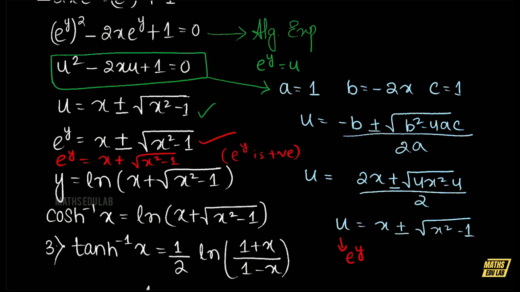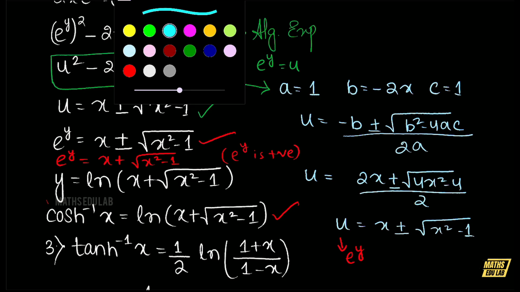Then to cut the exponential value, we multiply ln on both sides and cancel it out. Then we get y is equal to ln of x plus root over x square minus 1. The value of y is cos hyperbolic inverse x, which is equal to ln of x plus root over x square minus 1. So this is the formula of cos hyperbolic inverse.